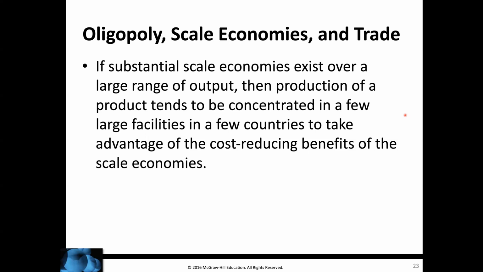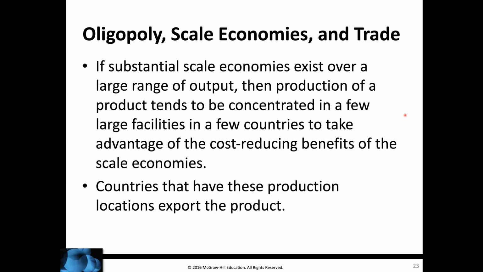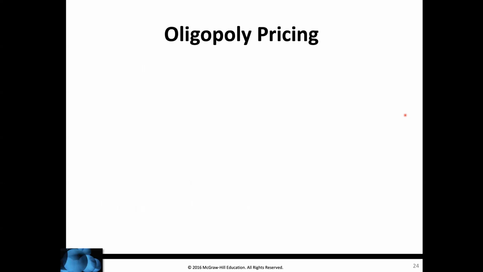So where there's a significant opportunity for scale economies, we'll see production concentrated into just a few companies or countries. Countries that have these production locations export the product, the Middle East with oil, for instance. Other countries import the product.